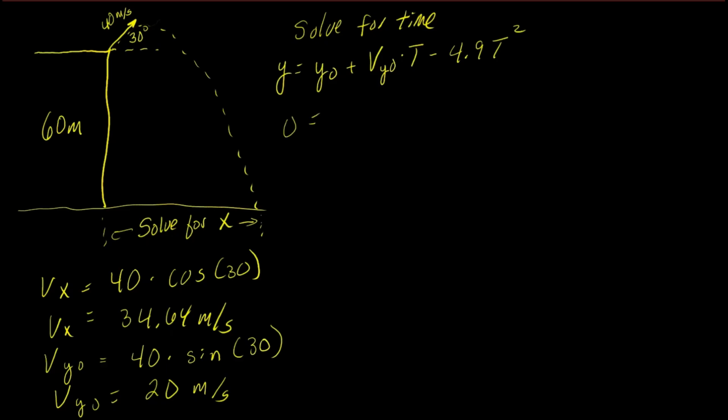So 0 equals 60 plus 20t minus 4.9t squared. Using the quadratic equation, I solve for t and I get 6.092 seconds.